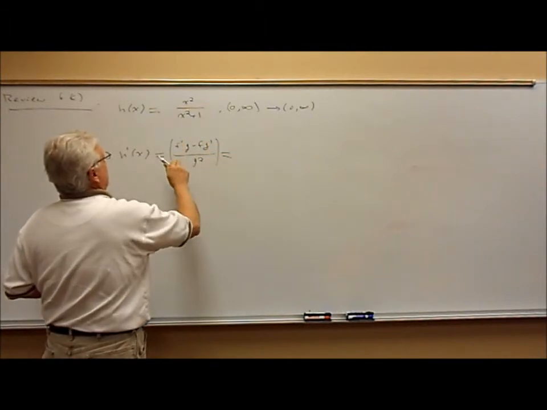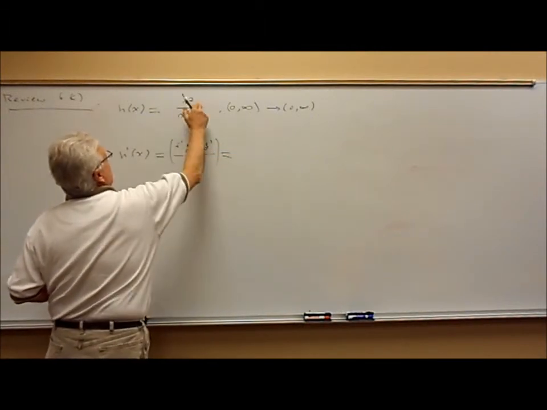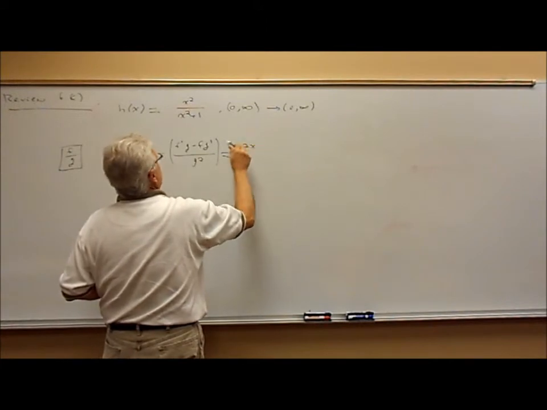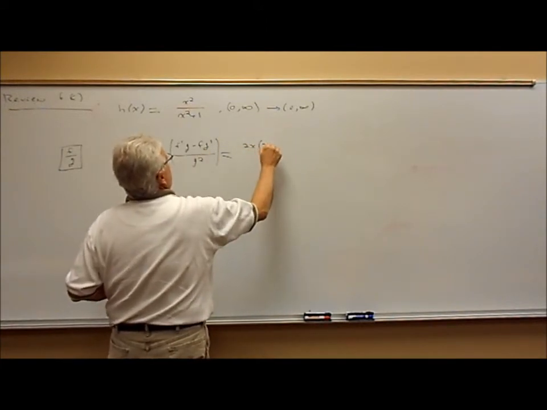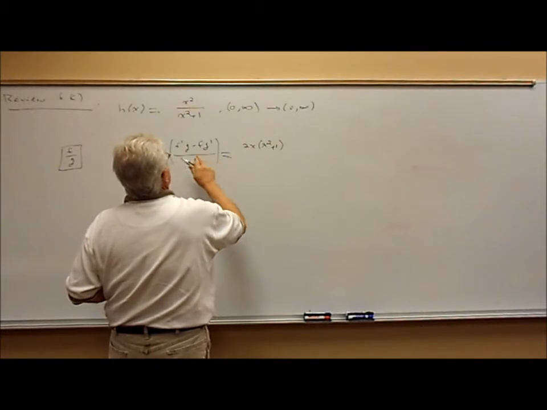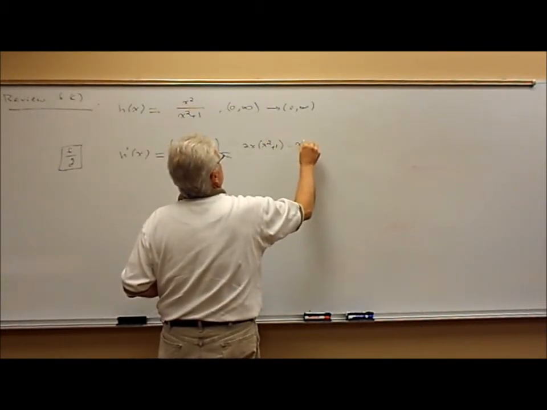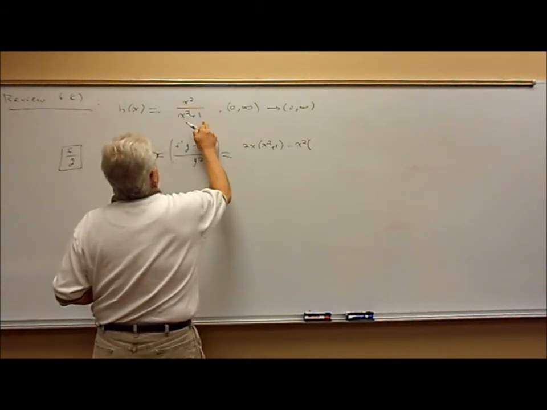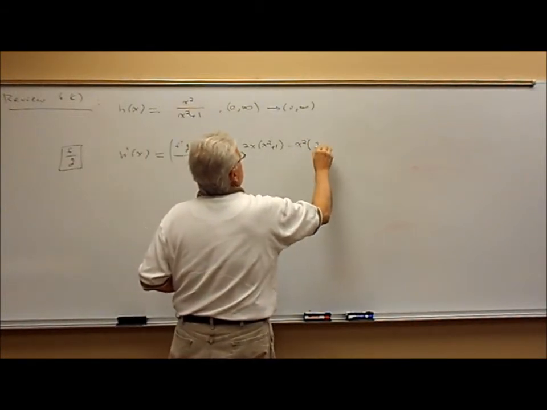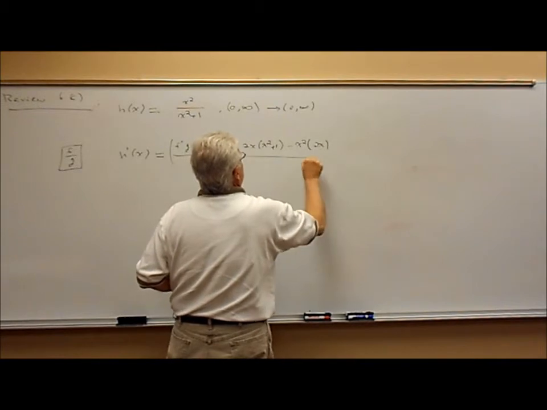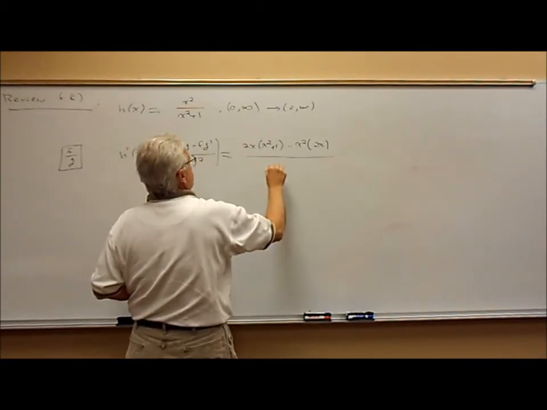So that derivative is going to be the derivative of x squared, which is 2x, times g, which is x squared plus 1, minus the top, x squared, times the derivative of the bottom, which is 2x, divided by the bottom squared.